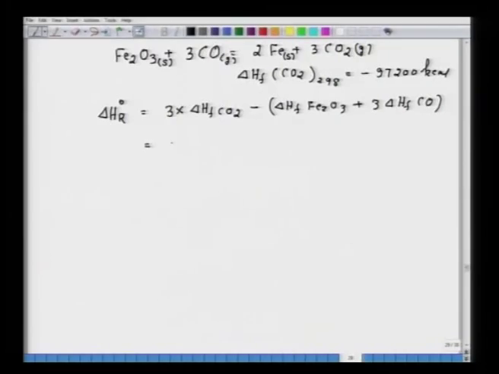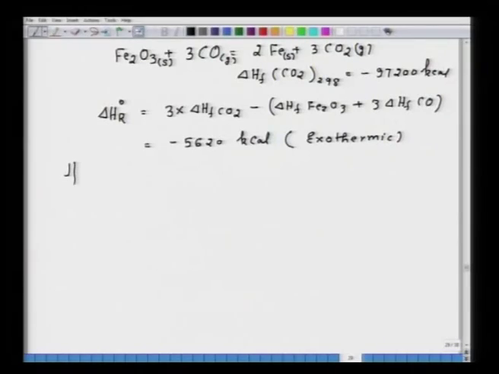So, if you just substitute the values, then you will be getting minus 5,620 kilocalorie. Now, remember this reaction is exothermic. So, that is how you will be calculating the so called heat of reaction at 298 Kelvin.